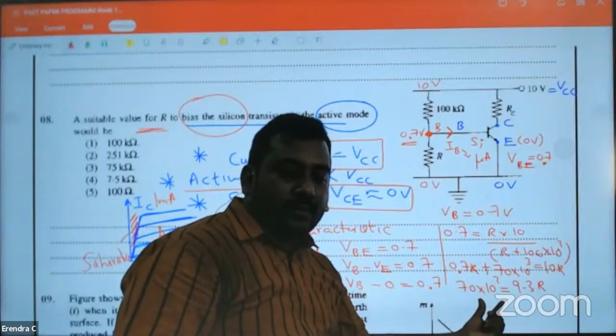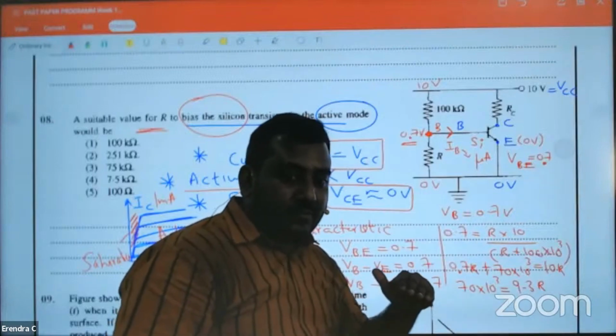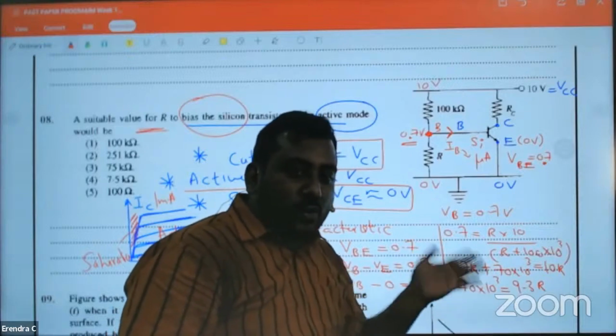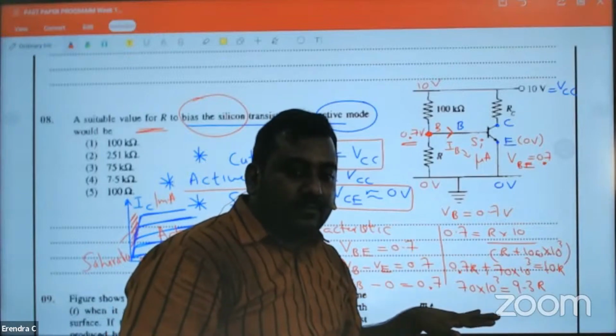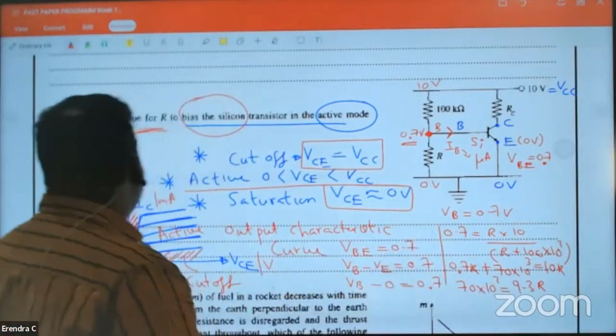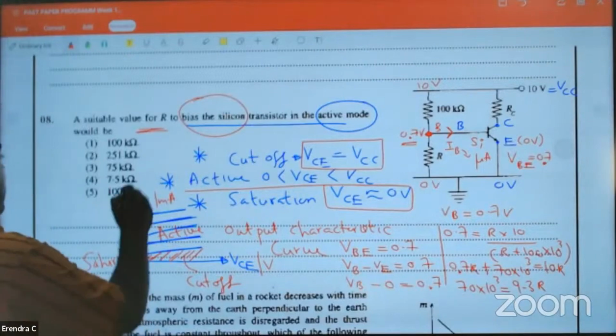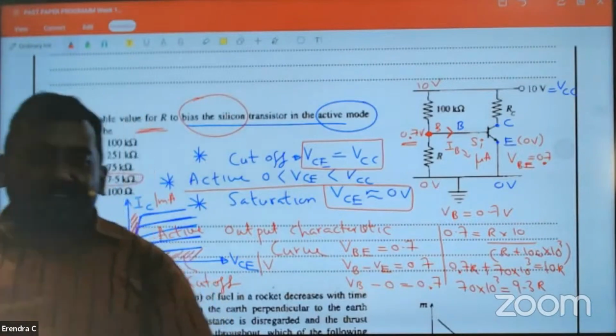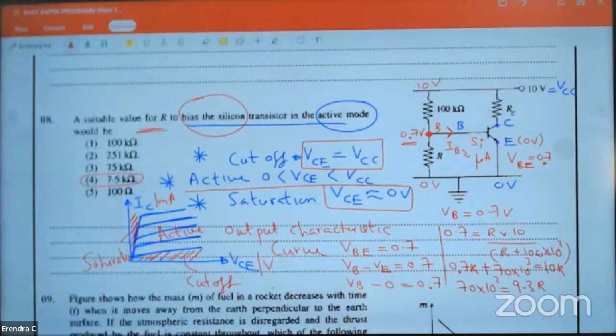If you divide by something less than 10, the result should be more than 7 kilo ohm, so it means 7.5 kilo. Can you see?